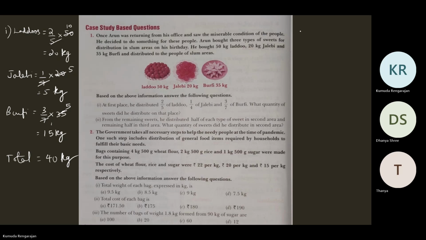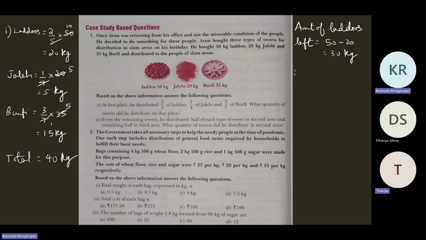So, from the remaining sweets, how much laddu remains? Amount of laddus left.